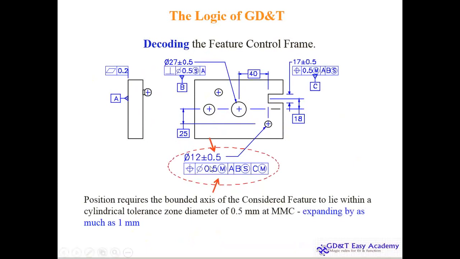This 0.5 and this 0.5 will be added, and it can expand. Expand is not with respect to axis. This diameter can also deviate, and axis can deviate, and collectively it can deviate 1.